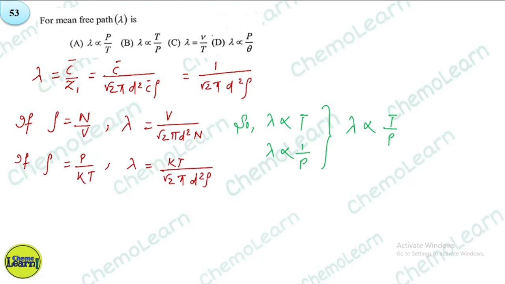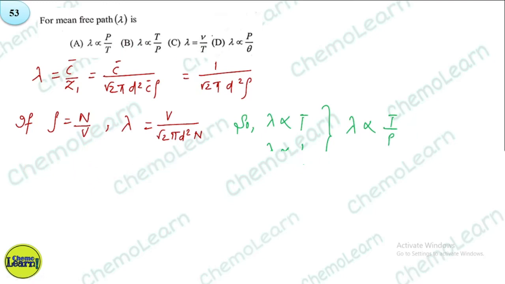So you can say lambda is directly proportional to temperature and inversely proportional to pressure. So the option which says lambda is directly proportional to T by P, that option B is the correct one. And this question is from the gaseous state.